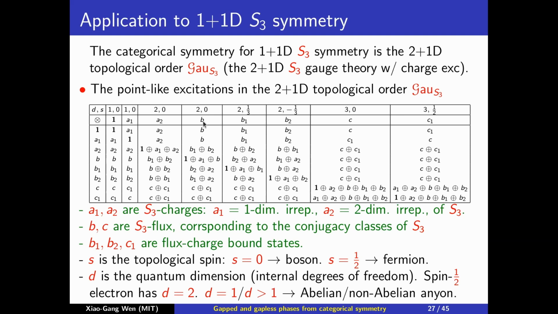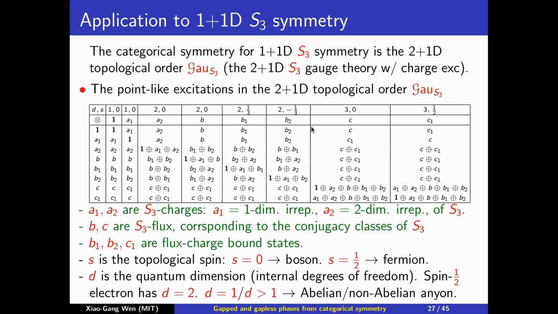If you go around a flux, you get an S3 gauge transformation, a group element. However, only the conjugacy class of the group element corresponds to the gauge invariant flux. So B is one flux, corresponding to the conjugacy class with two group elements, and C is another conjugacy class with three group elements. That describes the flux, the non-abelian flux.